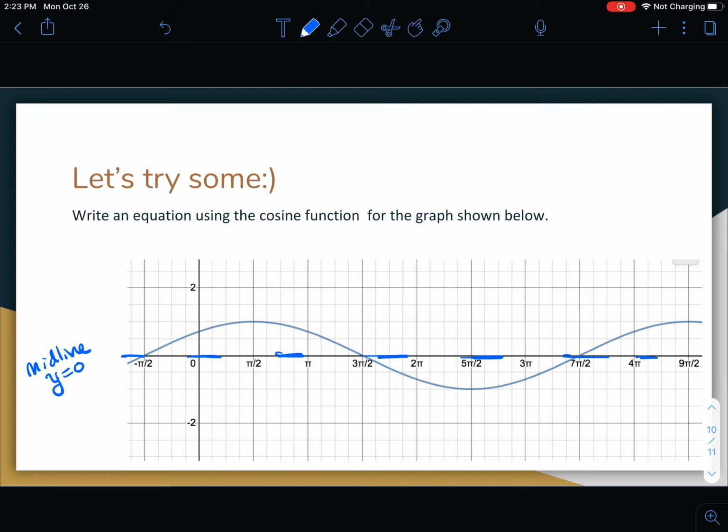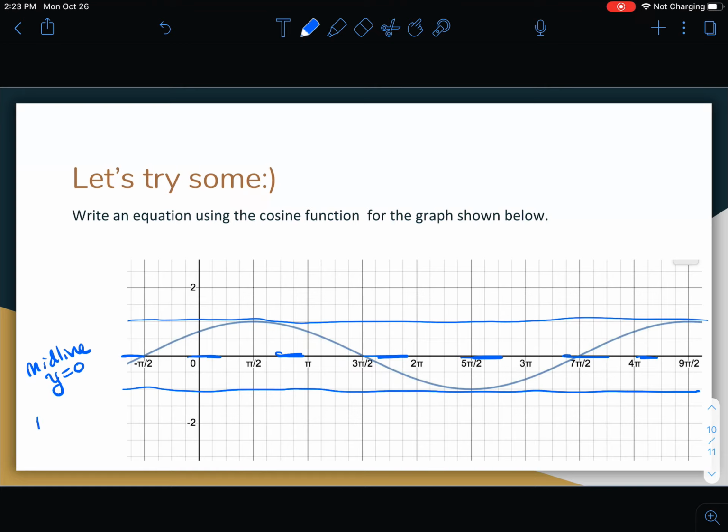Now, let's take a look at our amplitude. It appears that we're just going up 1 from the midline and down 1 from the midline. So amplitude equals 1. Now we want to write this as a cosine function.